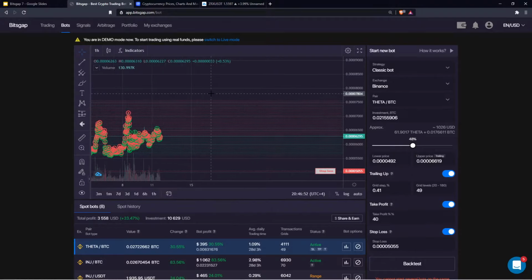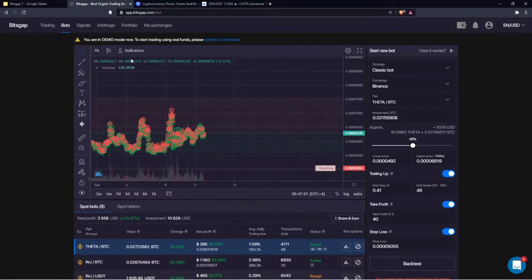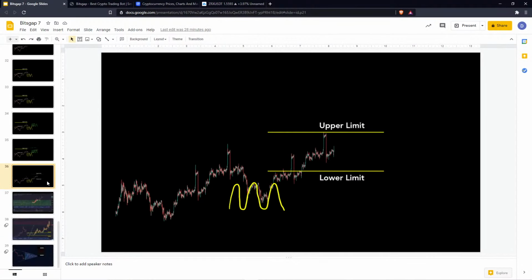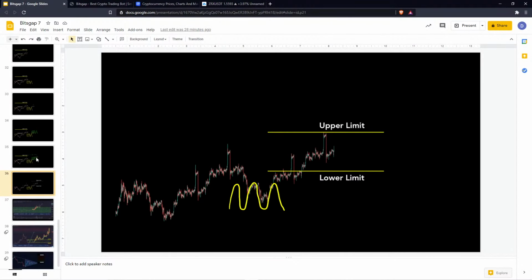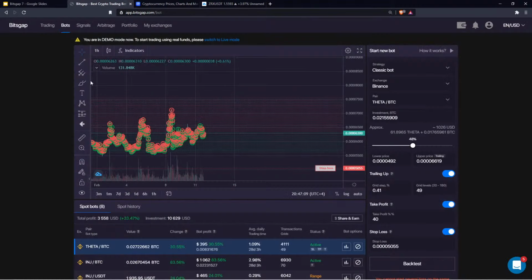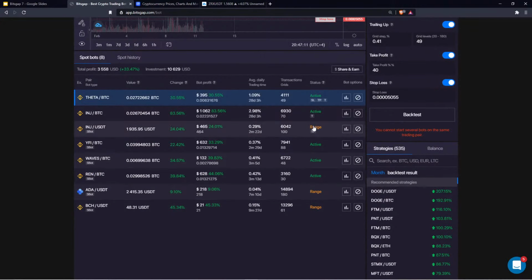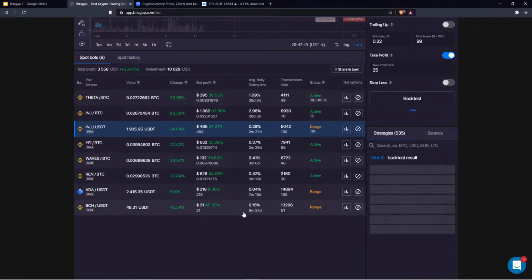It just readjusts the trading range in accordance with the rally. Okay. Otherwise, if you are not using the trailing up, what you might see is something that I have over here. You see, out of range, trading to USDT.